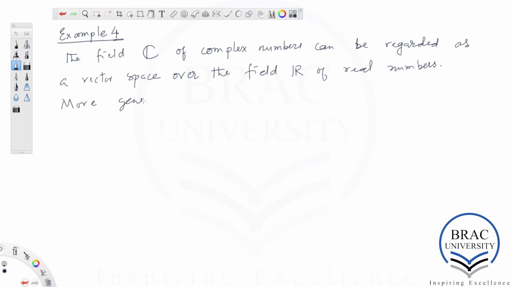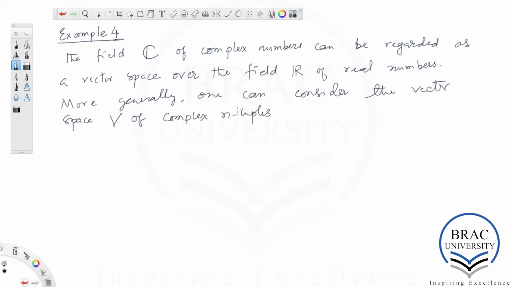More generally, one can consider the vector space V of complex n tuples (x1, x2, all the way up to xn), where all these components take their values in the field of complex numbers.